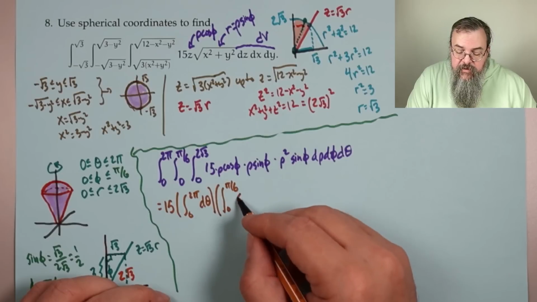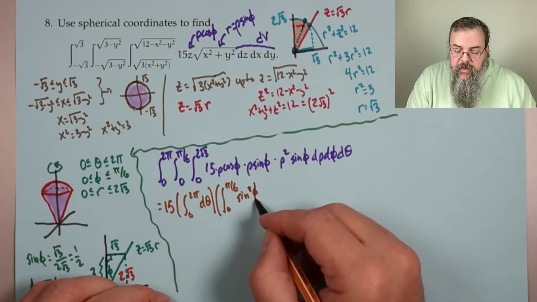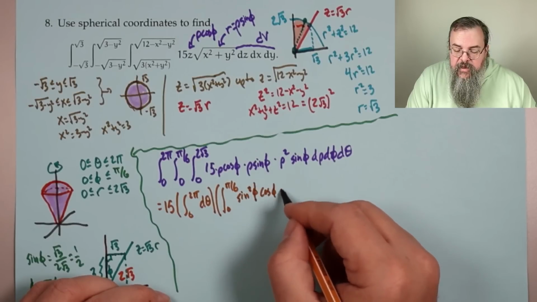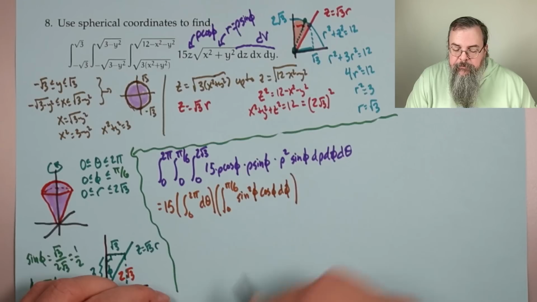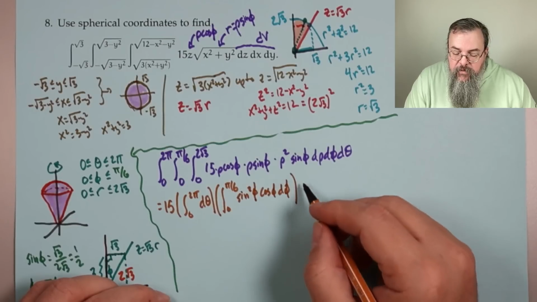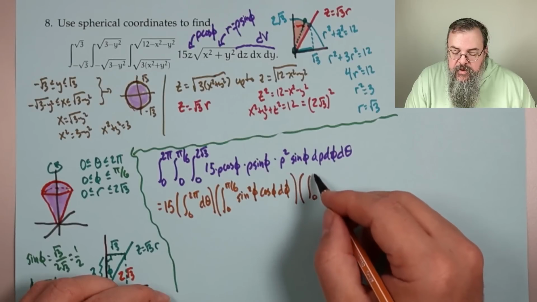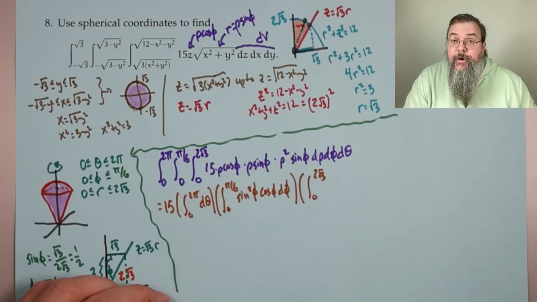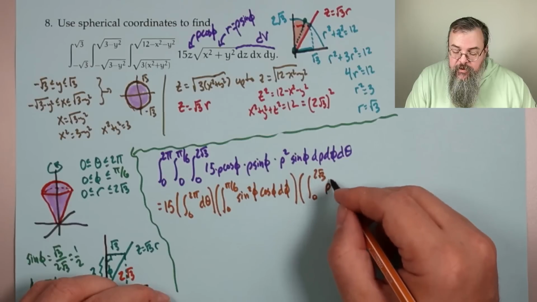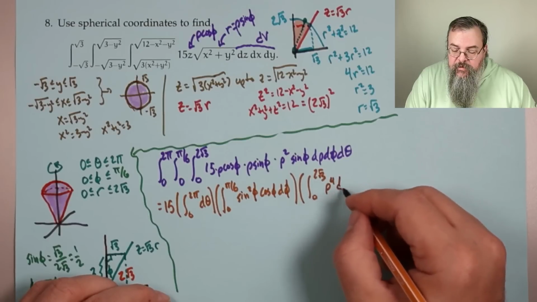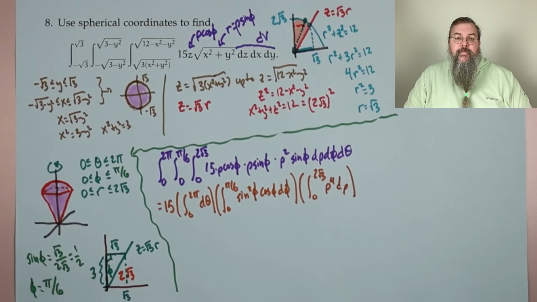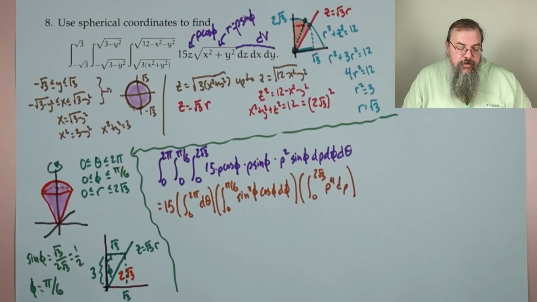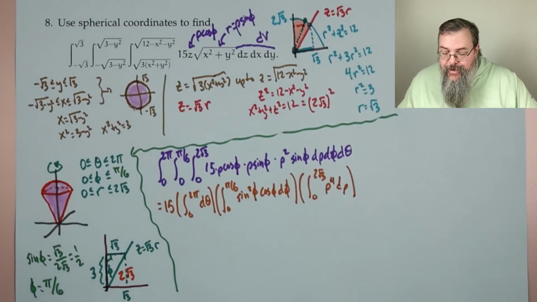So I'm going to write this as sine squared phi, cosine phi, d phi. And now, for rho, 0 to 2 root 3, we have rho to the 4th, d rho. Okay, now we do each integral.